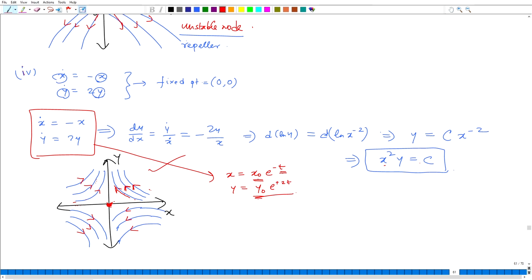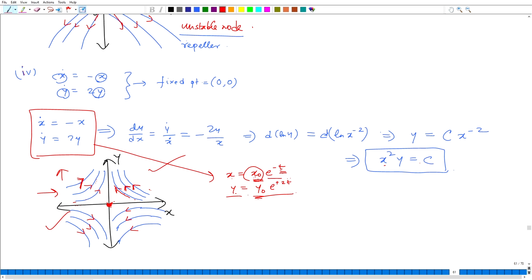Okay. Then what is to be done? When t is increasing, x 0 is negative, but it is decreasing with time in negative value, that is why it is going in this direction, and y is still increasing, and that is why it is going in this direction, and that justifies this arrow. For the third one, you can see both x and y are negative.